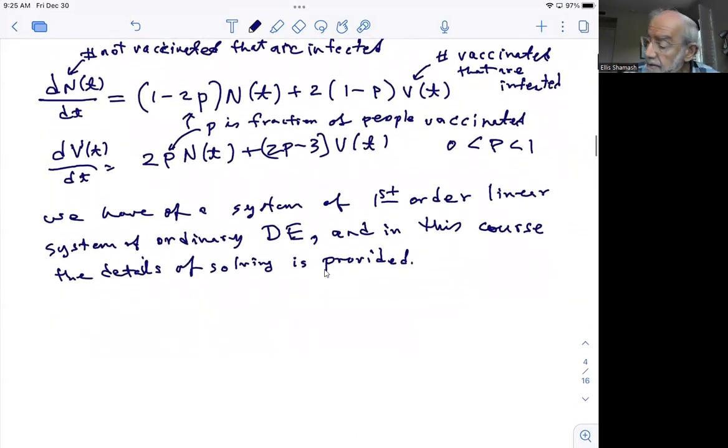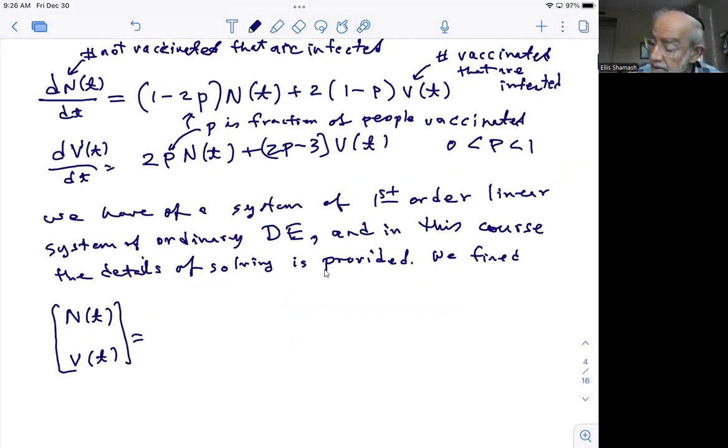And so we find, using that procedure, which we'll be learning, that we can write the two terms that we need, the n and the v, as a vector that contains a constant that's a function of the number n0 that are not vaccinated, the number v0 that are vaccinated, and this p number, the proportion of the people that are vaccinated.